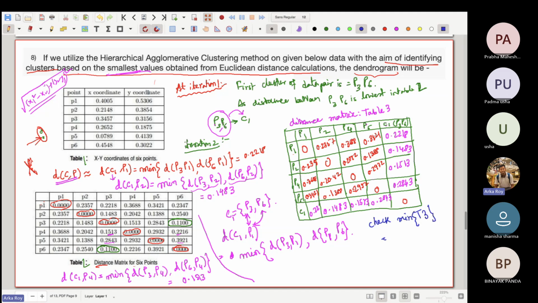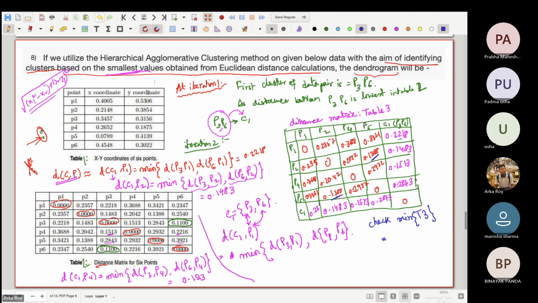So what is the minimum value in the table 3? So let us now scan: 0.2357, 0.3, 0.3, 0.22. So this could be the lowest one. 23, 20, 13. Okay, we have got 13. 14 is also high. 36, 20, 29, 15.